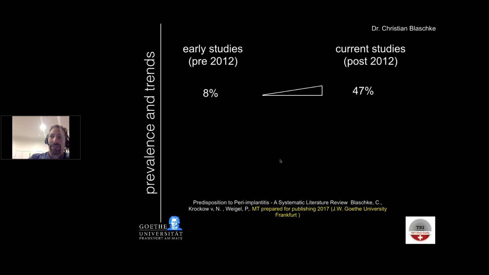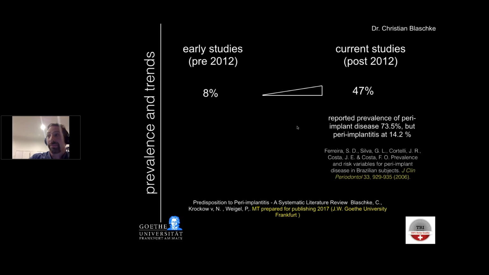We found quite interestingly that early studies, the pre-2012 studies, did show a fairly low peri-implantitis rate, 8%. Some studies talk about 5%, so this is fairly low. However, if you look at more recent studies, these numbers are jumping up quite critically. So the trend is that we see more and more peri-implantitis, probably because we're looking closer and finding peri-implantitis earlier than we did in the past.